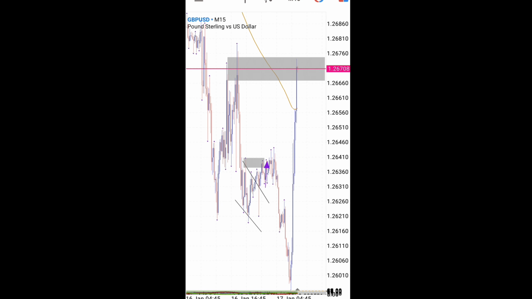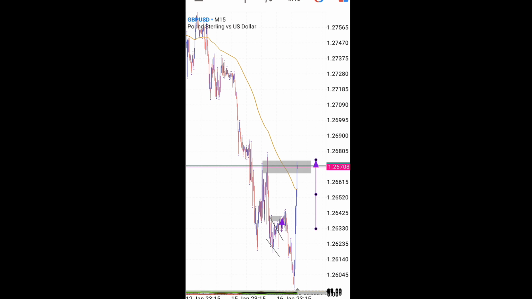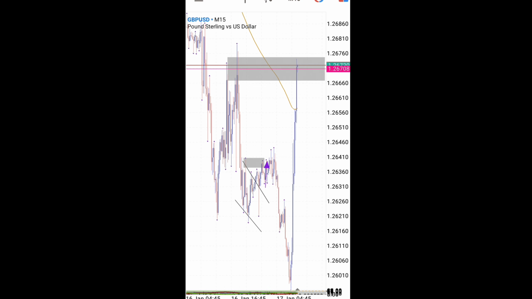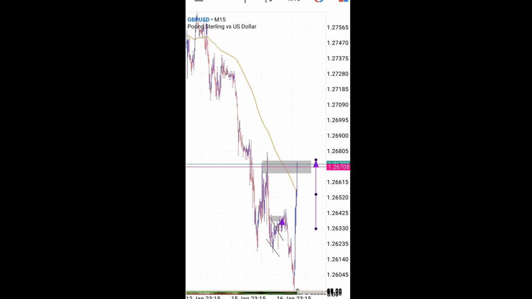So eventually all three TPs were hit, but price went against us for the longest time, and I was up to over 30 pips loss before it finally went our way. But we had enough equity to sustain the pullback.